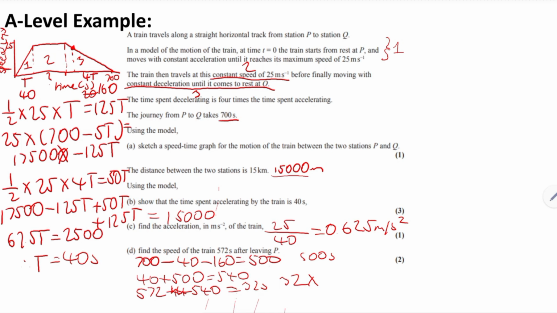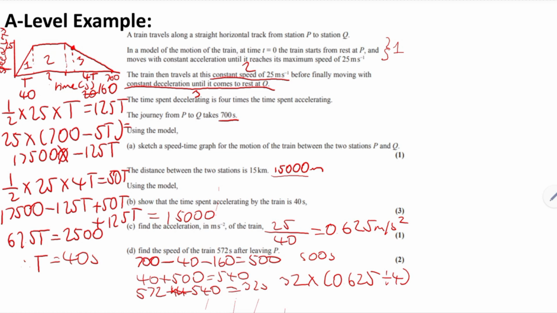As we know that the deceleration for part 3 is 4 times lower than the acceleration of part 1, we need to do the acceleration of part 1, which is 0.625, divided by 4, as it takes 4 times longer to decelerate than the time taken to accelerate.